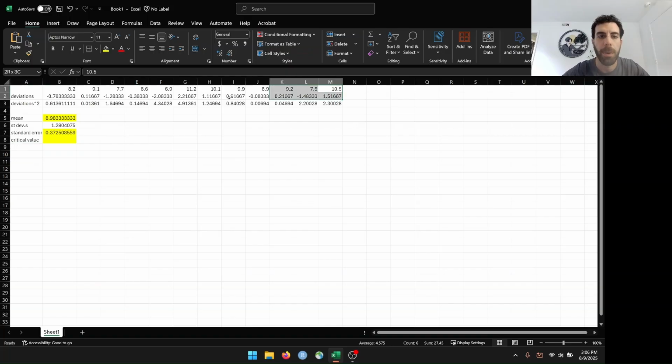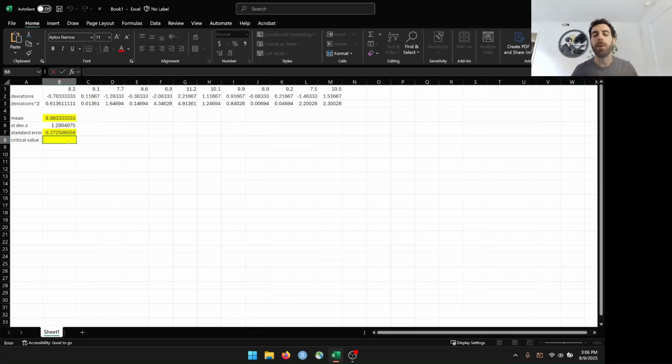We have 12 data points. If you mouse over them, it tells you right down here, there's 12 data points. So because we haven't hit 30 yet, a better distribution to use is the t-distribution. And you'll remember the t-distribution varies based on the number of data points, or in turn, the degrees of freedom.